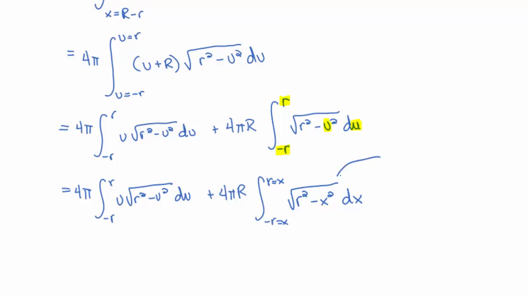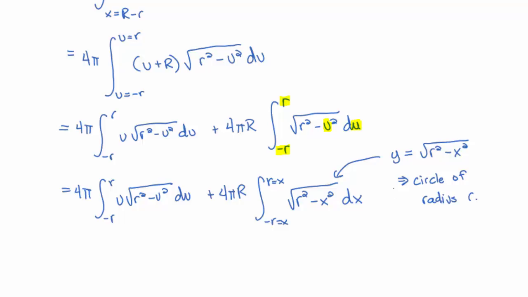So if I said that y was equal to the square root of a little r squared minus a little x squared, that would imply that you're dealing with a circle of radius little r.